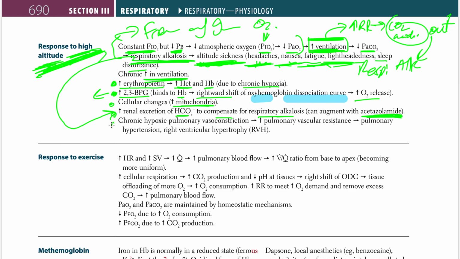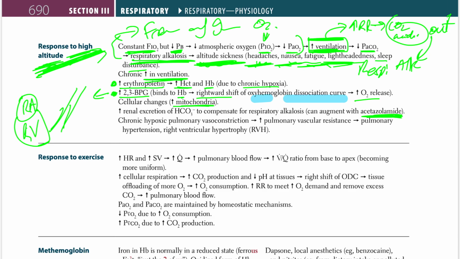So chronic hypoxic pulmonary vasoconstriction can occur, which leads to an increase in pulmonary vascular resistance, which would cause pulmonary hypertension and right ventricular hypertrophy. How is it all that? If this is your right atrium and right ventricle, the right ventricle is pumping into these pulmonary vessels.